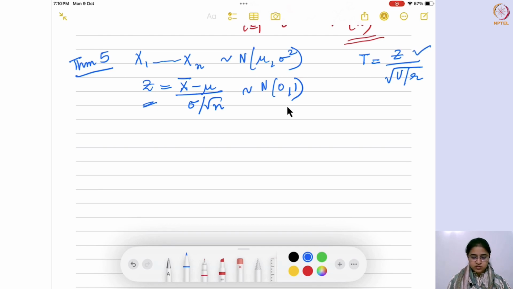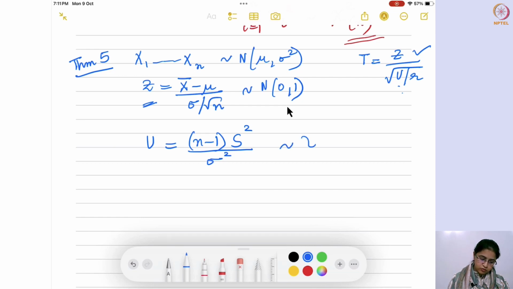Then you need another one, that is chi-square U. And for this, actually, we will prove this result later on in the next theorem. So as of now, I am just using it over here. I will show you the proof. There it will be said that if you denote by n-1 times S squared by sigma squared, then this basically follows your chi-square distribution with n-1 degrees of freedom.